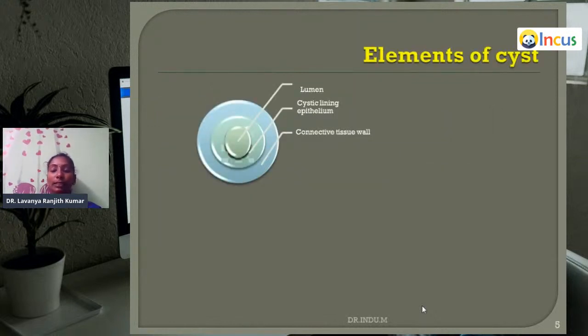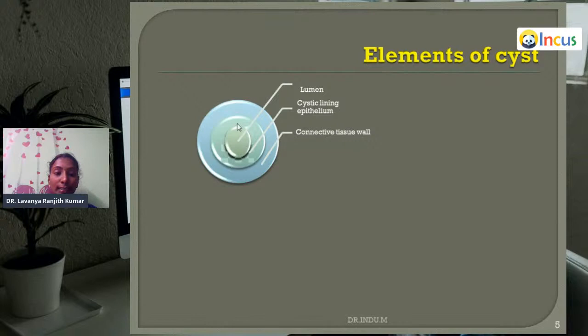So, the elements of the cyst. What are the elements of the cyst? The cyst has three main components. The first is the central lumen or cavity, which contains fluid or glycosaminoglycans, proteins, enzymes, everything which can play an important role in the pathogenesis of each and every cyst.